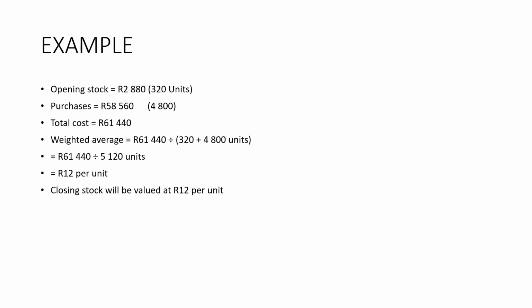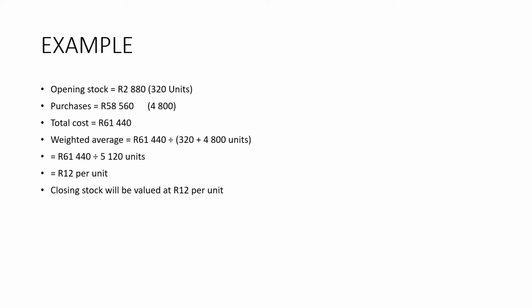The stock that was left at the 2019 year of assessment was 320 units with a total cost of 2,880. We bring that forward to 2020. From 2019, the closing stock becomes the opening stock of 2020.